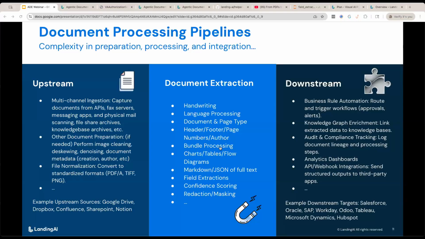And then also thinking about file normalization so that it can be a part of this process. So that is the upstream main layer that we think about. And you might think about some of those sources where that data is coming from to be from Google Drive, Confluence, SharePoint, or even newer software like Notion.